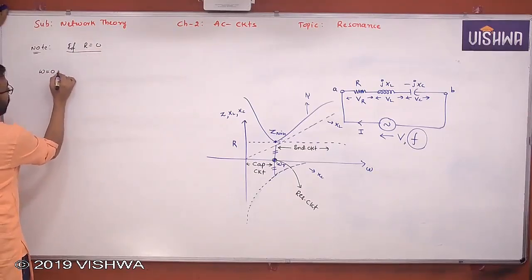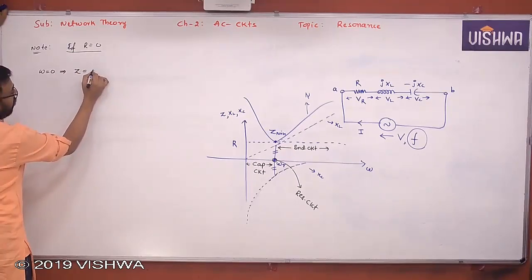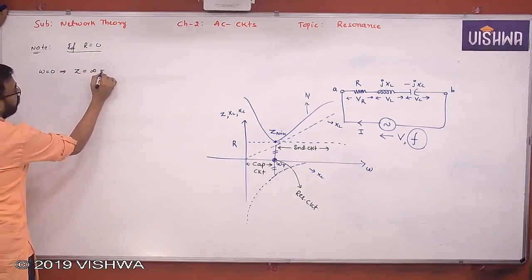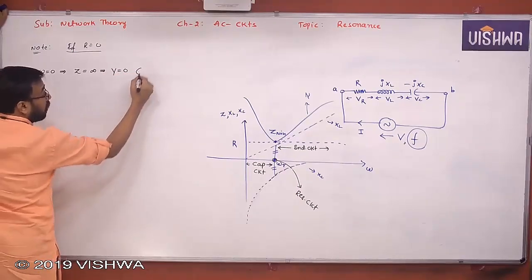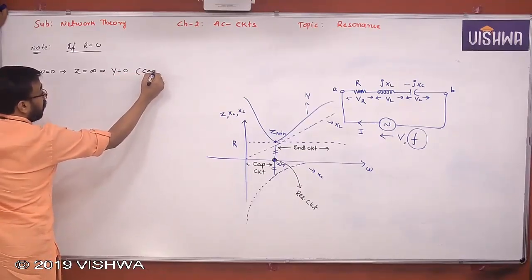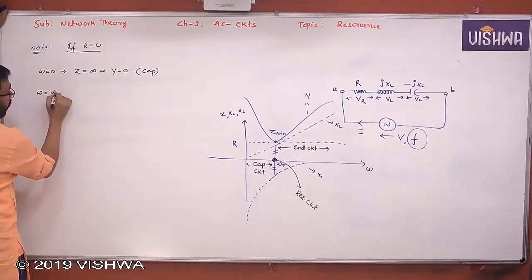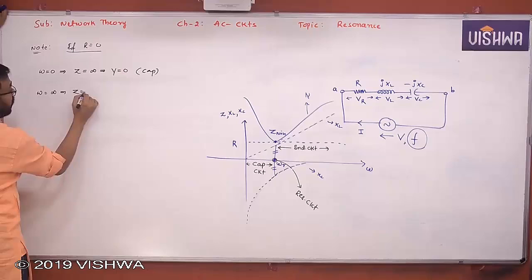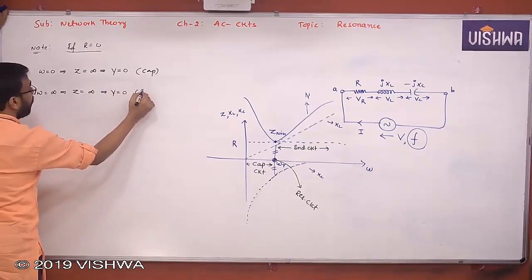When omega is 0, then Z is what? Infinity. Then Y is what? 0. And the circuit is behaving like what? Capacitive. Yes or no? When omega is equal to infinity, Z is what? Infinity. Still Y is 0 and it is behaving like what?